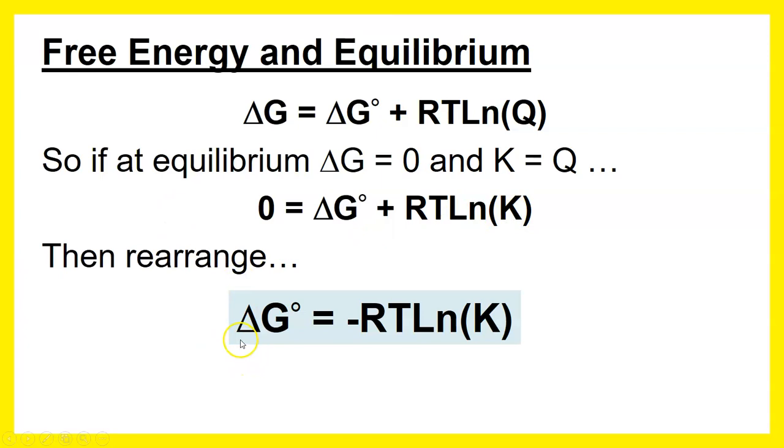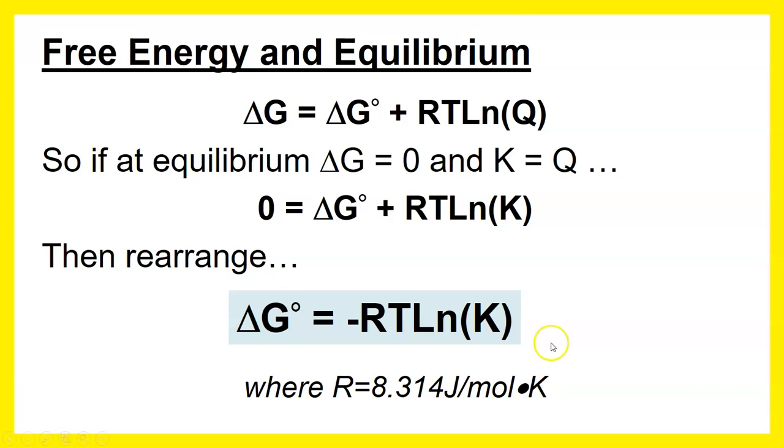And I find out that delta G naught is equal to negative RT ln of K. And the R value that you would use would be this one. Remember, you have different R values, constants with different units on them. Use that one. We call this the Ratlink equation, just a silly way to remember it. Delta G naught equals Ratlink.